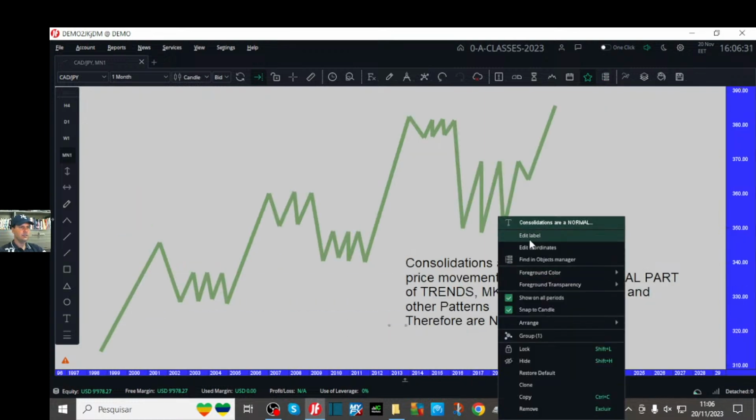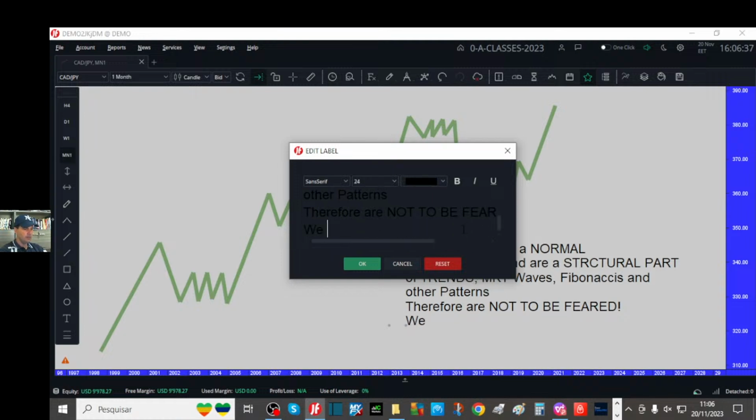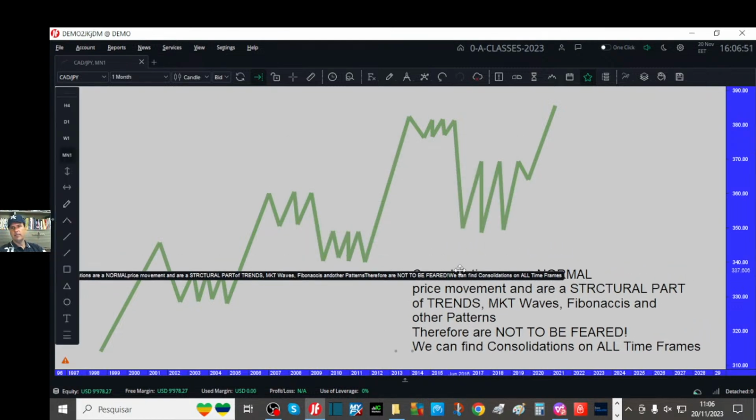And we can find consolidations on all time frames, meaning you are going to have consolidation. Make sense, everybody?